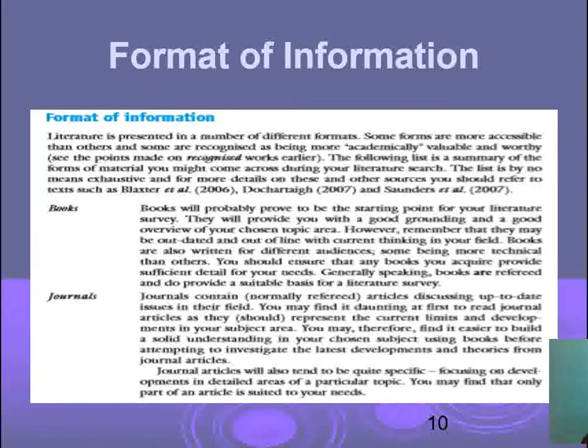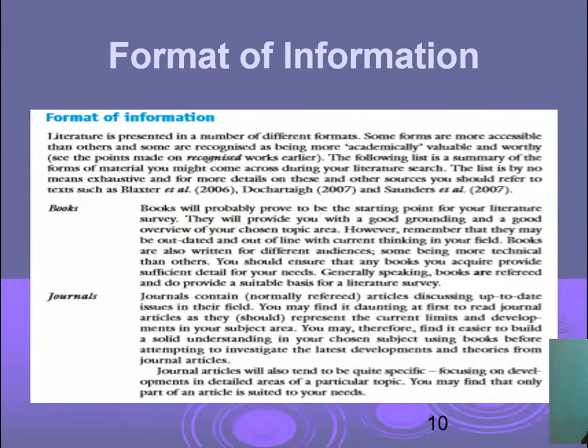And we have to remember that most of the time, contents in the books are not that up to date. However, the books will give you sufficient detail about the area and form just a foundation for you to have some clear idea.